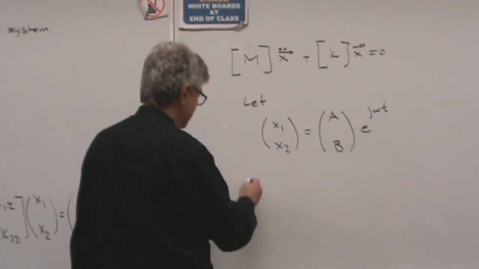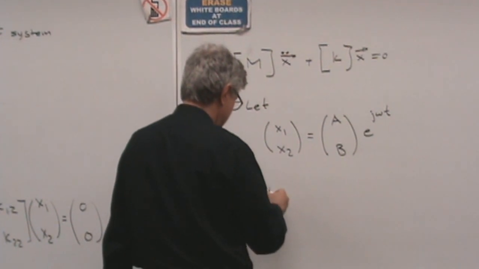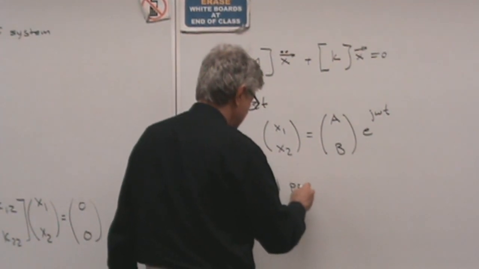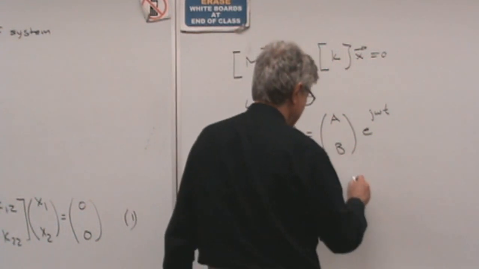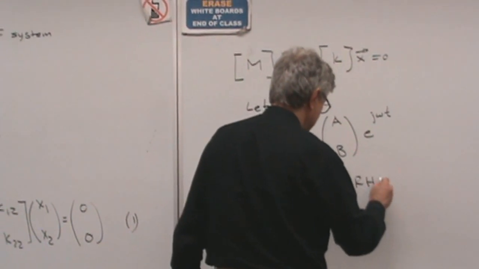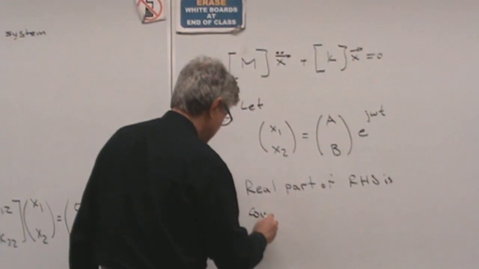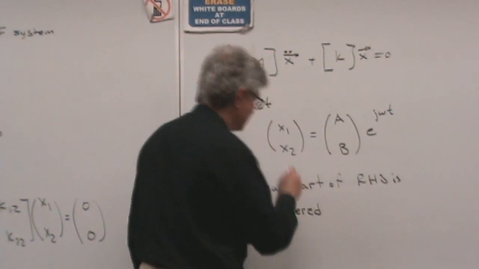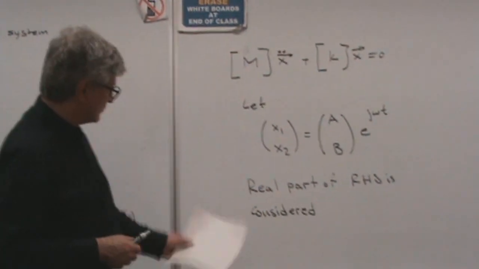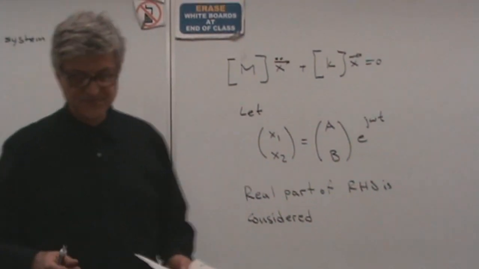The real part of the right-hand side is considered. But for compactness, we don't write it.